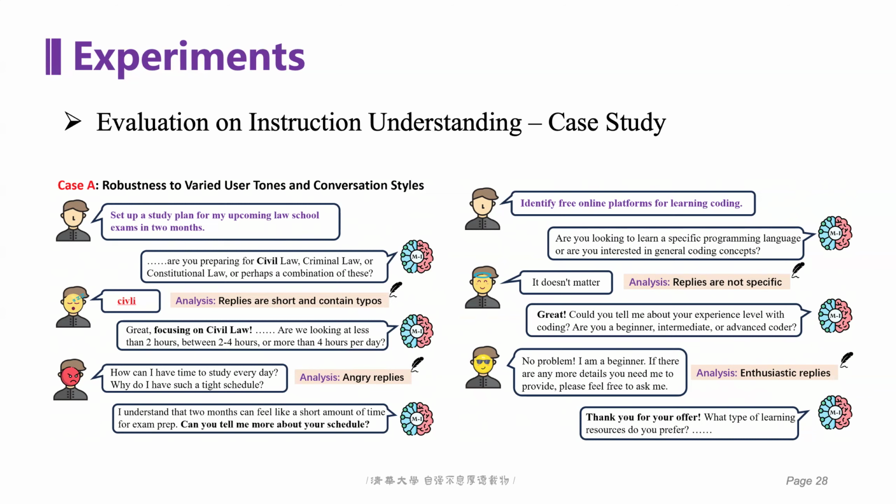So the Mistral Interact model can still query based on the non-specific reply and adapt to the user's style of how they convey things, and adaptively change their strategy about what to ask and how to deal with different situations. So this is one where we want to show the robustness to varied user tones and conversation styles.